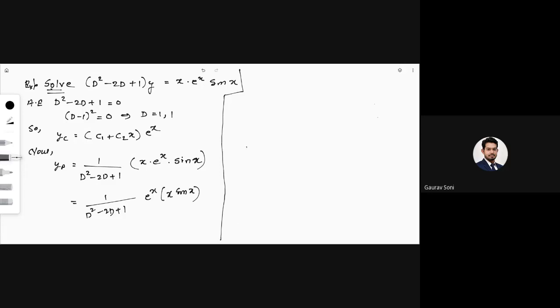I'll take e to the power x outside this, and I will replace d by d plus 1: d plus 1 whole square, minus 2 times d plus 1, plus 1, and you will have x sin x.